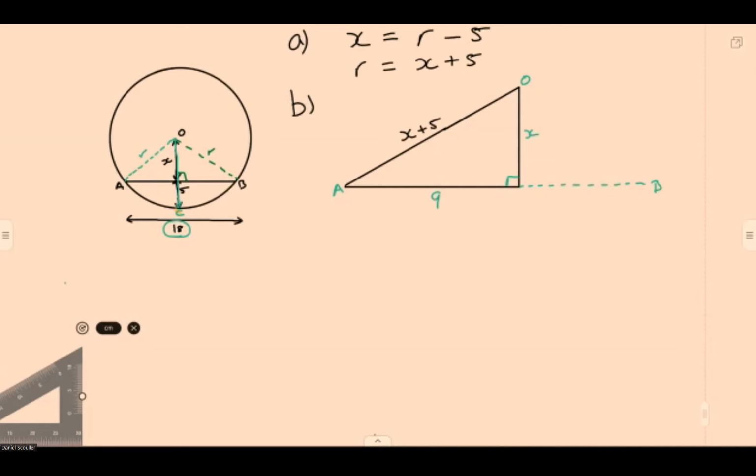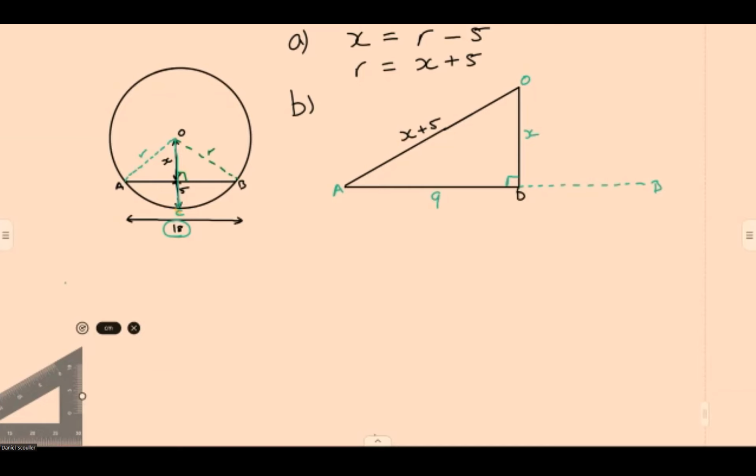So the distance OA is X plus 5. The distance from O to the bottom corner is X, and the distance from A to that corner is 9. So we're building up a wee picture here.